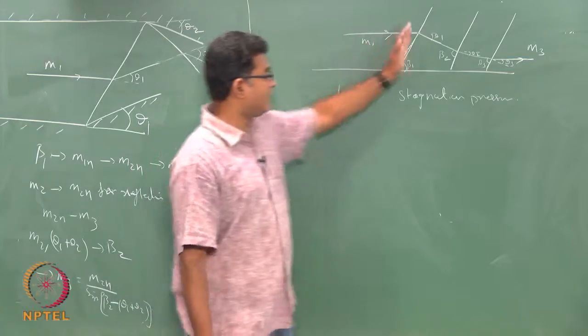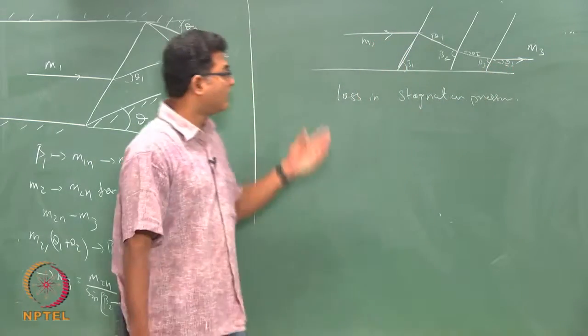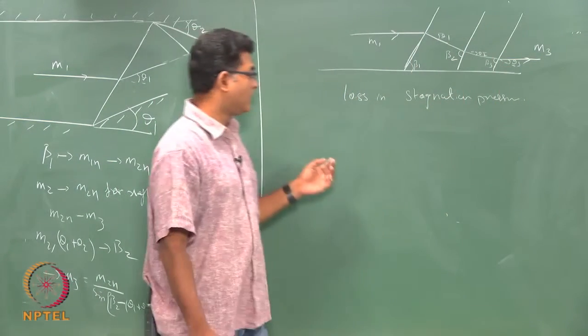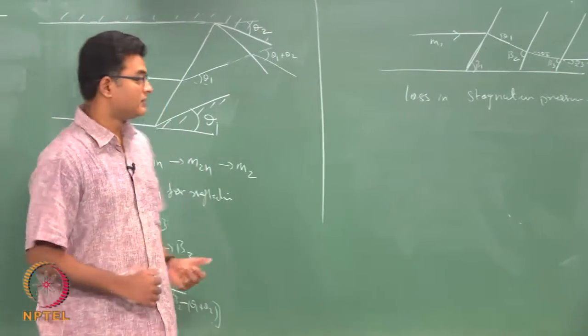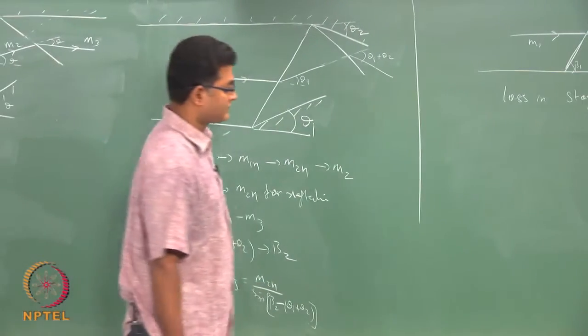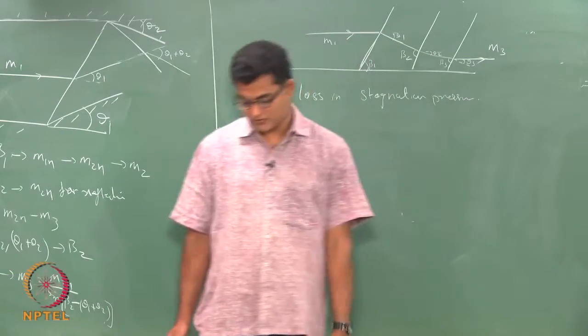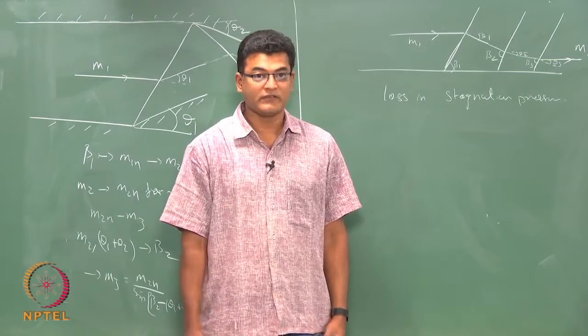So if I can have M1 reduced to M3 by a single wave, M1 reducing to M3 by a series of shock waves, what would be the loss in stagnation pressure? So this is something typically known as the technique of pressure recovery.